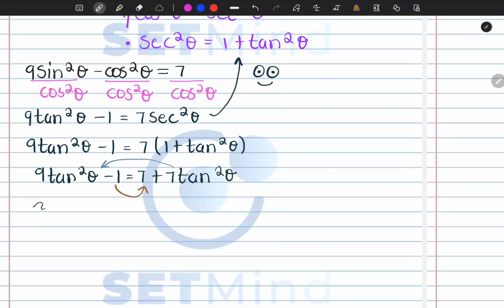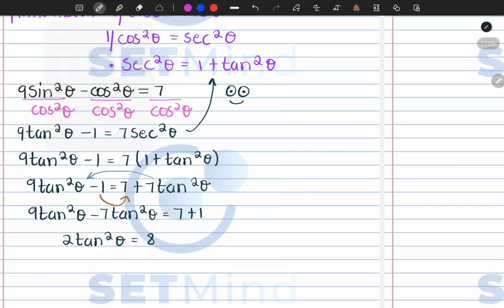So we end up having 9 tan squared theta minus 7 tan squared theta, and this is equal to 7 plus 1. And this will give us 2 tan squared theta equals 8.